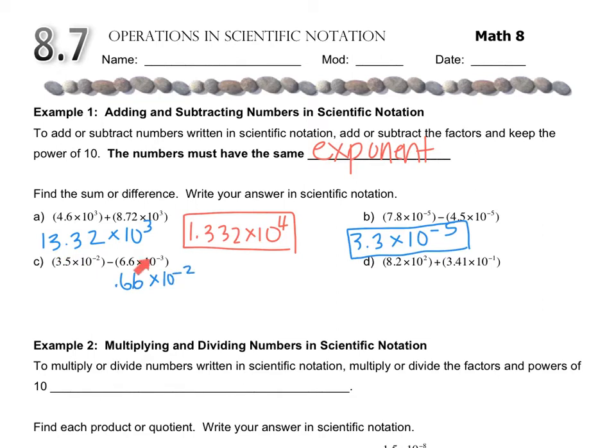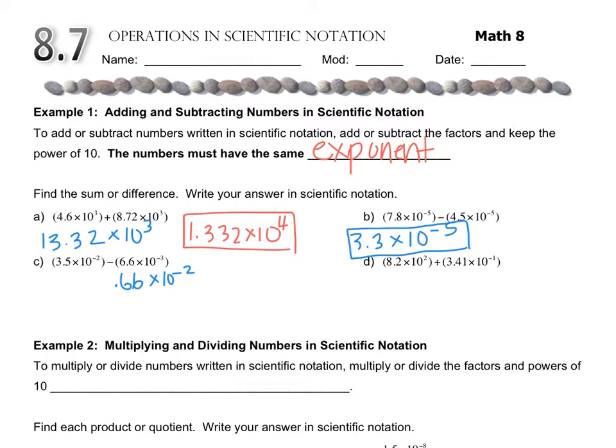So this says move it 3 places to the left, so you just did one of them already, and then the exponents match. So I took 6.6, and I just moved the decimal 1 over to the left, 0.66, so now they match. Now that they match, you can do the calculations. So it's going to be 3.5 minus 0.66.